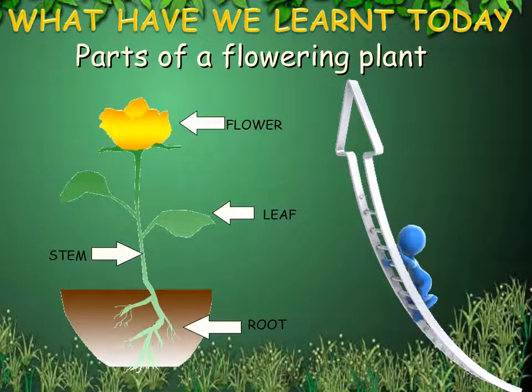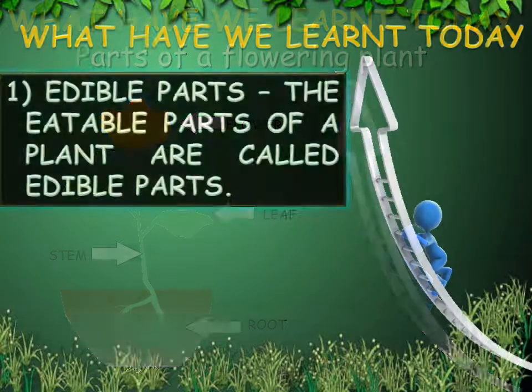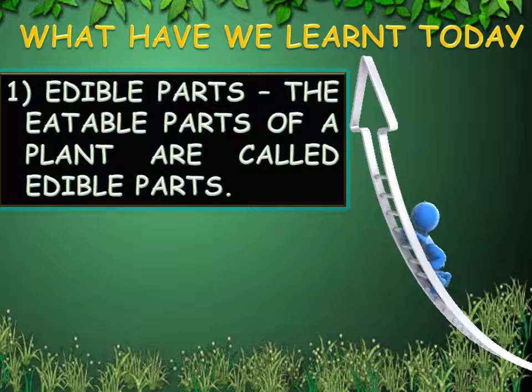It's time for you to note down the key points. What have we learned today? Different parts of a flowering plant are root, stem, leaf, flower. Edible parts.